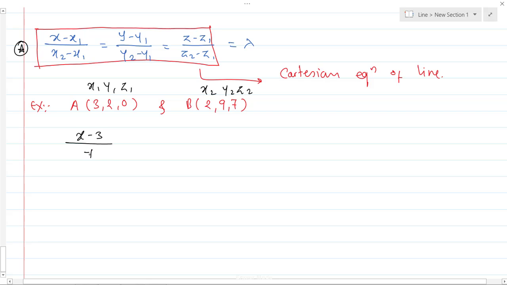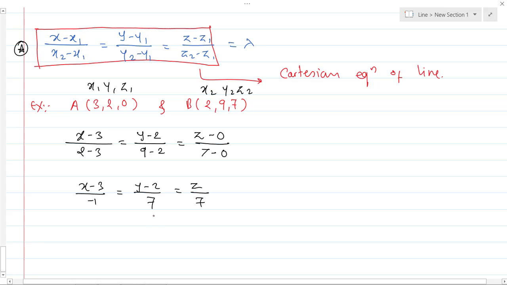I will write in simplified way. So it is 2 minus 3 equals to y minus 2 upon 9 minus 2 equals to z minus 0 upon 7 minus 0. So this is equals to x minus 3 upon minus 1 equals to y minus 2 upon 7 and equals to z upon 7. So this is what the Cartesian equation of the line.